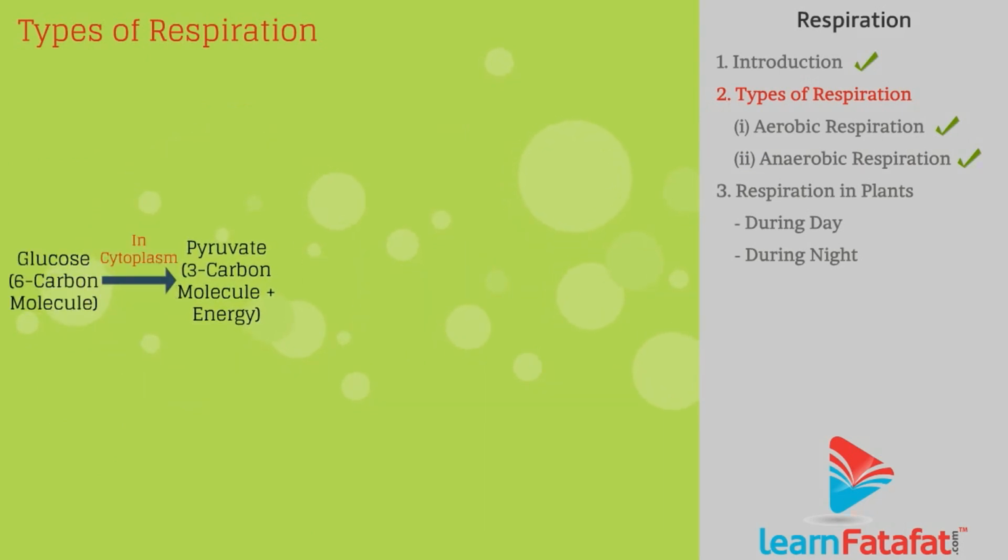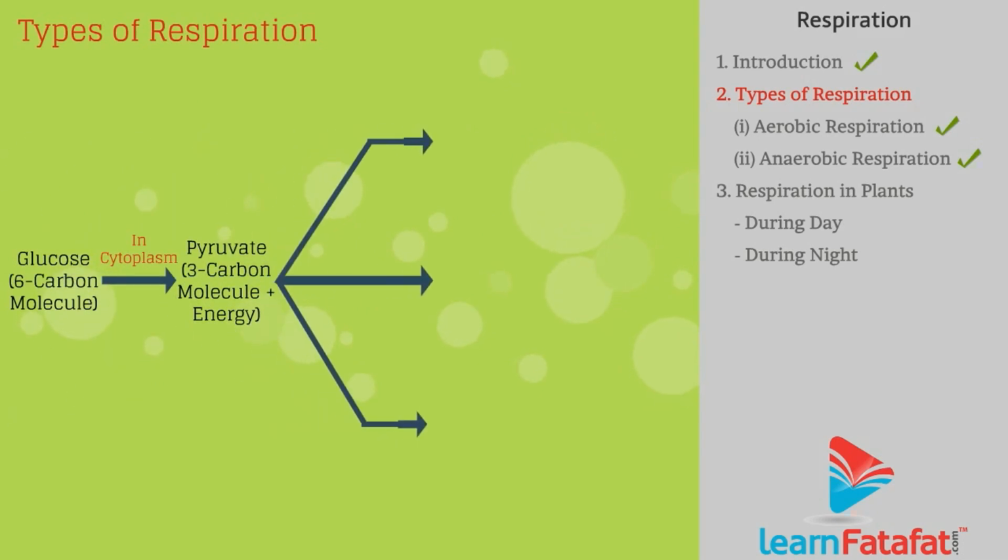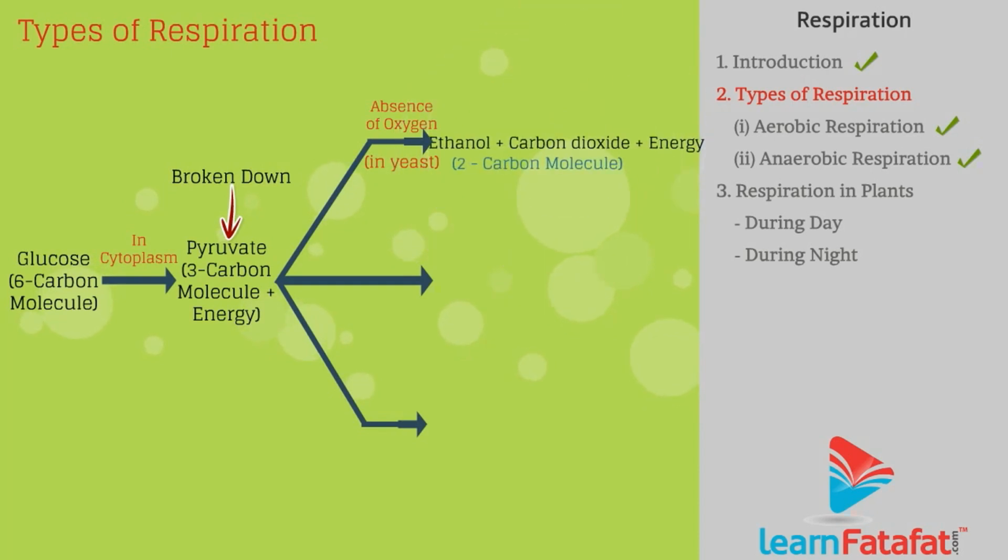The breaking of the pyruvate molecule to produce energy takes place in 3 different ways. First way, in the absence of oxygen in yeast cell. In this, the pyruvate molecule is broken in the absence of oxygen to form ethanol and carbon dioxide, producing energy.